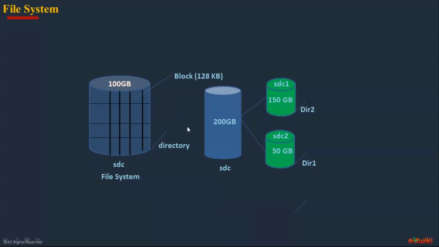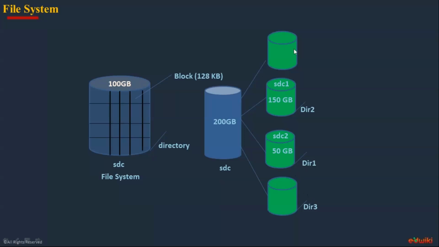Or the entire 200 GB, I can make it as one single partition, 200 GB into SDC1. It's up to you, but this is possible. You see, I can break this into multiple. I can make this into 4 partitions and make it as 4 file systems, possible ways.